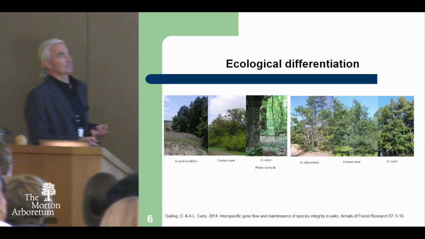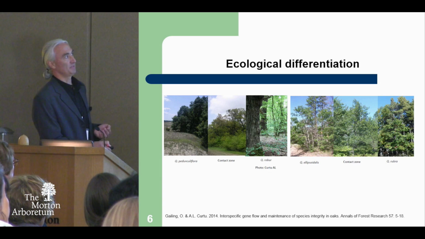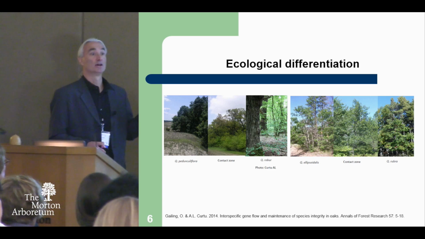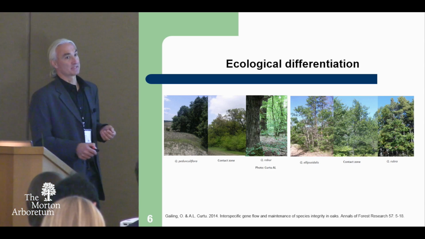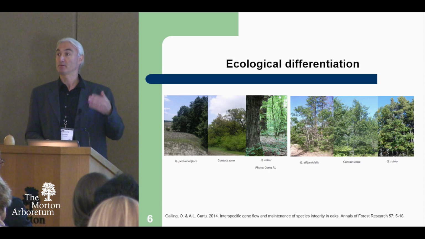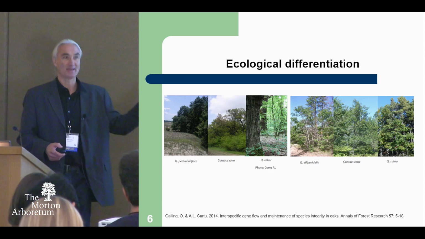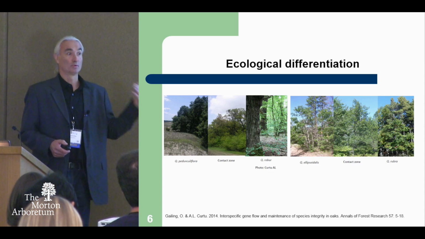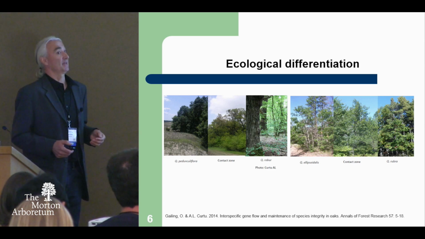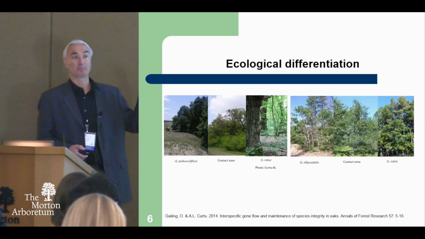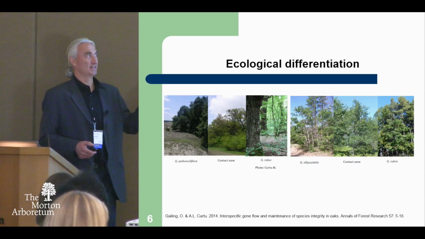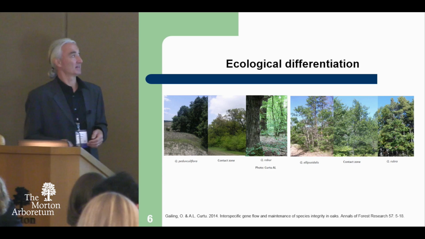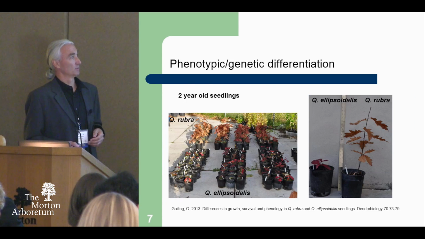And in Europe we see a similar pattern, so there are species that are stratified along soil moisture gradients, and a very similar pattern we see in the upper Midwest, on the Upper Peninsula, for Quercus rubra and for what we think might be Quercus ellipsoidalis. And I will provide some genetic evidence that these are ellipsoidalis individuals.